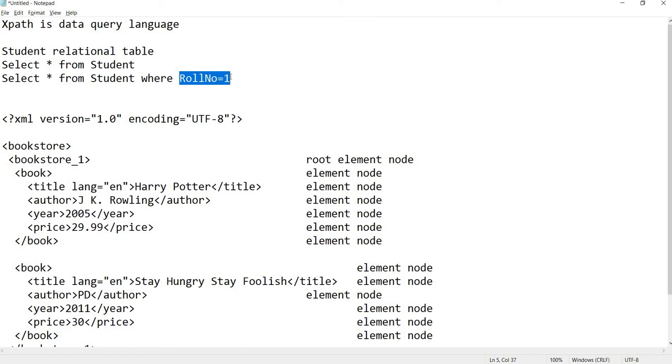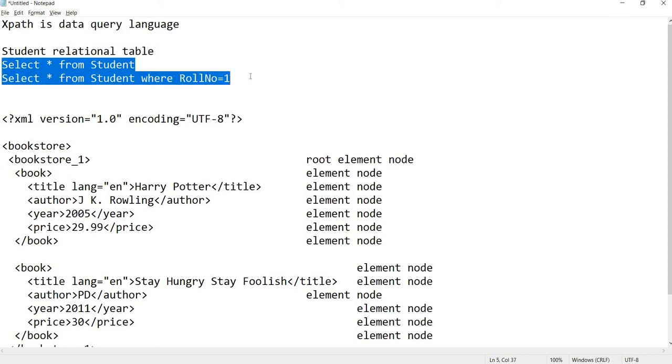The records for which this condition doesn't evaluate to true get filtered out, the remaining ones stay, and those are returned to us, right? So this is how we use the SQL query language.